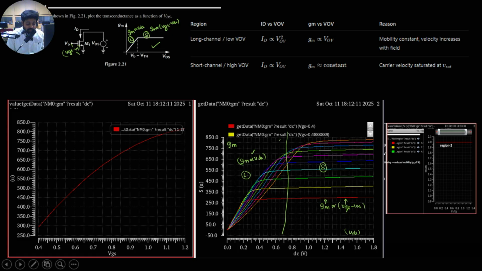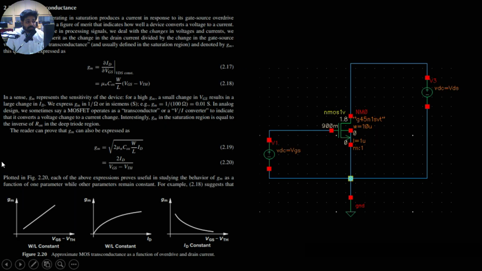For that, as these graphs are visible in the textbook, gm is nothing but, as we know, the current equation of the MOSFET is ID equals mu Cox W by L into VGS minus VTH whole square. This is the current equation.